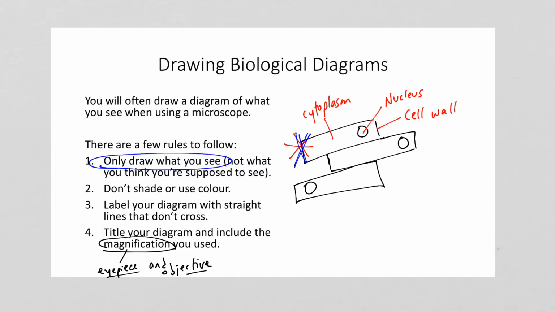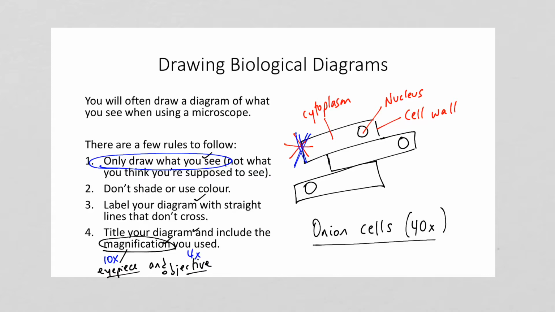So for example, if I was using the 4 times objective, 10 times eyepiece, this would be 40 times magnification. So I'm going to label it as onion cells. You'll notice I'm putting the label at the bottom. And then I'm going to put 40 times magnification and underline that. Done, done, done, done. Lovely.